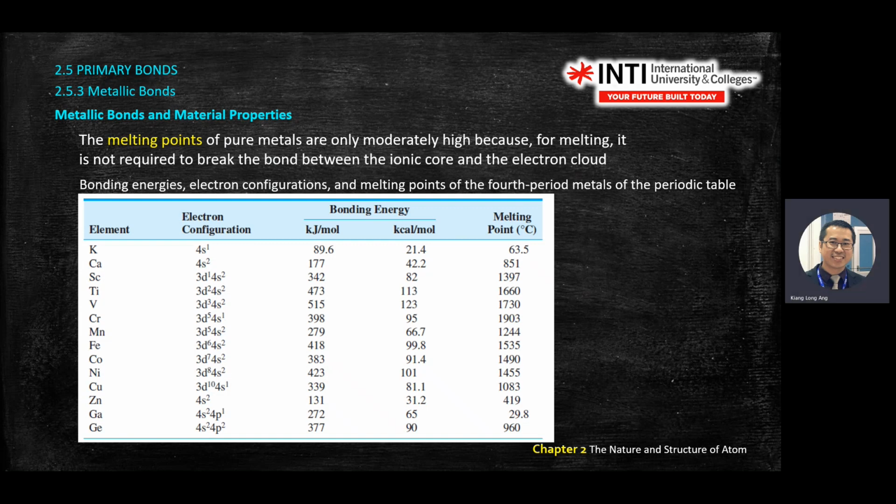If you study ionic bonding, covalent bonding, and metallic bonds, normally we test your understanding by asking you to explain the melting point. Why is the melting point different between ionic bond, covalent bond, and metallic bonds? You can see these are the melting points. As the bonding becomes stronger and stronger, the melting point is higher and higher.